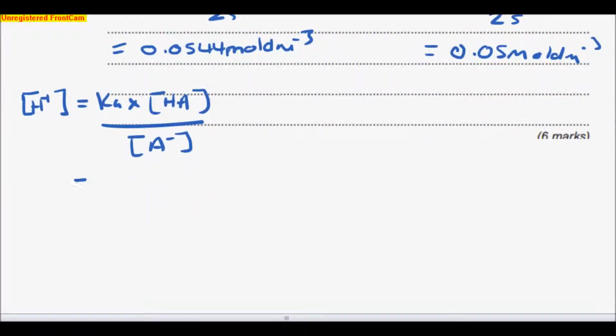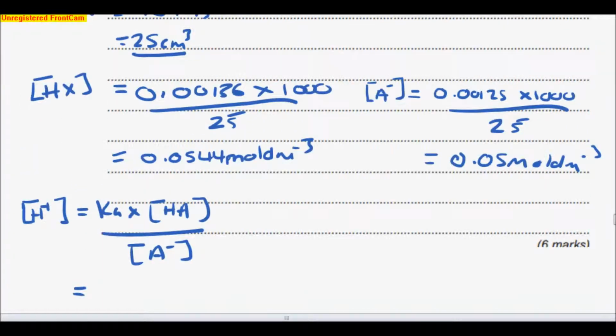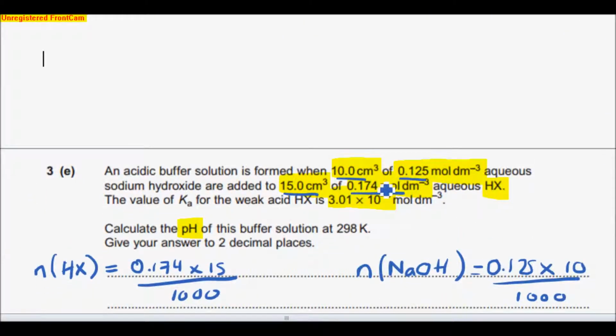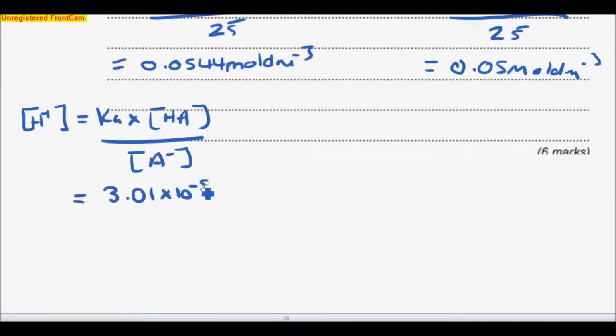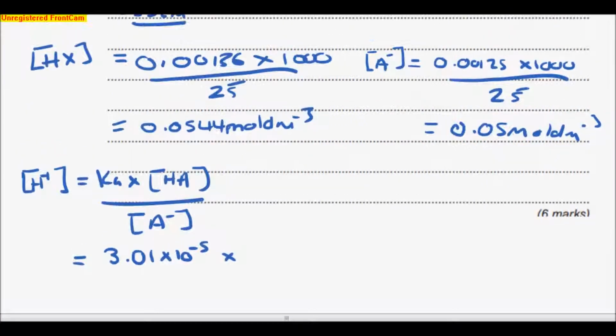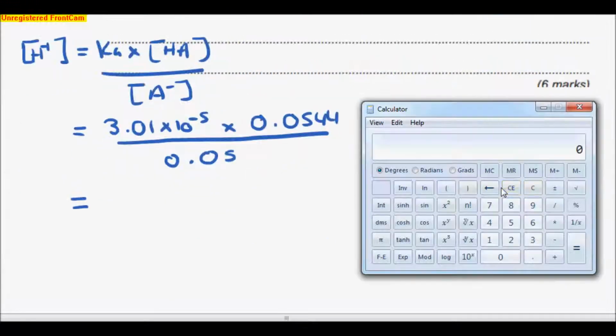That equals the Ka value I was given in my equation, 3.01 times 10 to the minus 5, multiplied by the concentration of the acid, which is now 0.0544, divided by the concentration of A minus, which is 0.05. We get 3.27 times 10 to the minus 5.